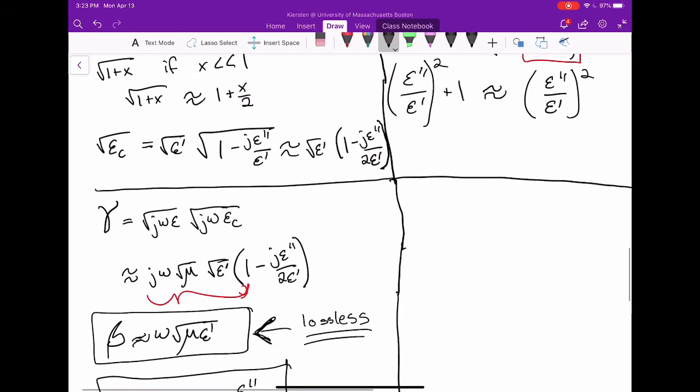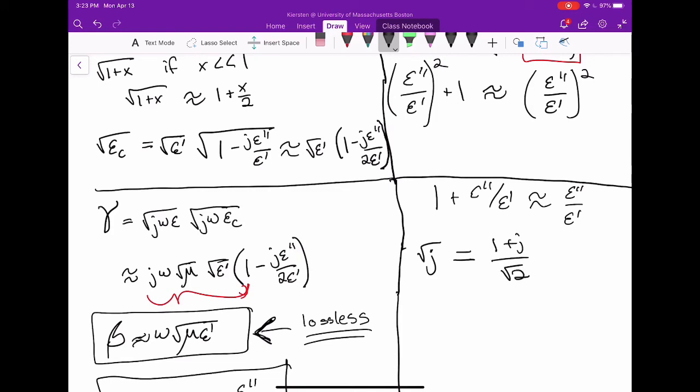Now, on the good conductor side, any terms that have 1 plus epsilon double prime over epsilon prime get replaced with just epsilon double prime over epsilon prime. So then our expression for, oh, and it's important to know a fact here, and that is that the square root of j is actually equal to 1 plus j over root 2.